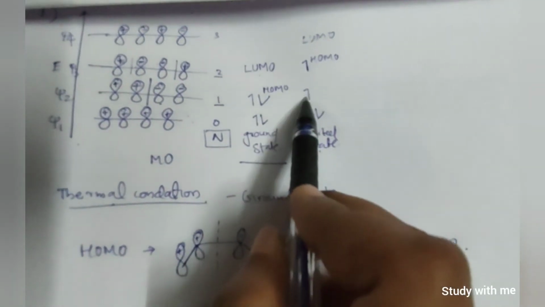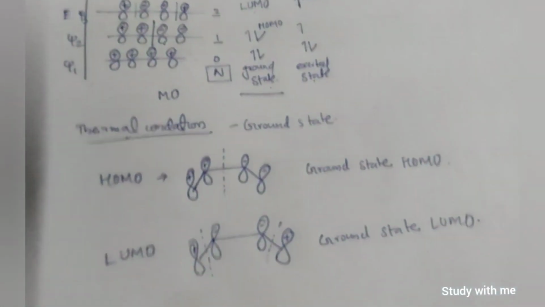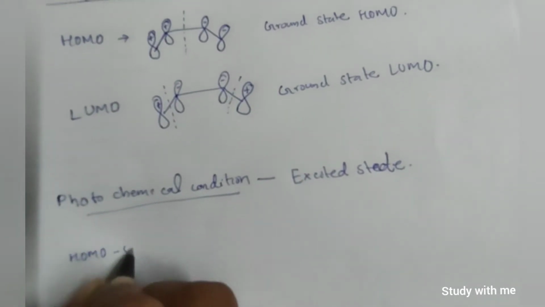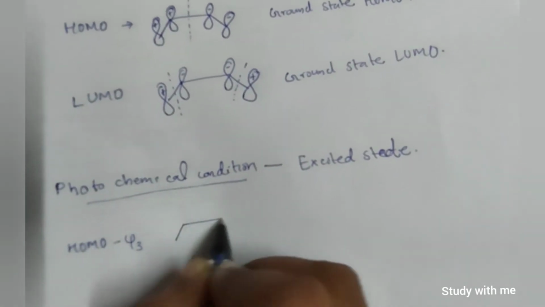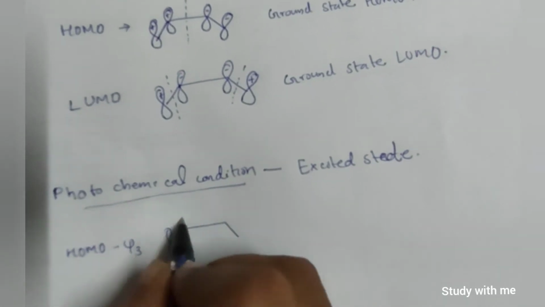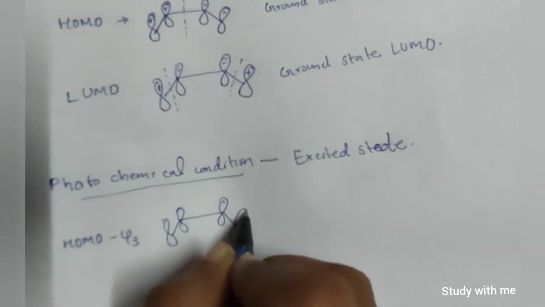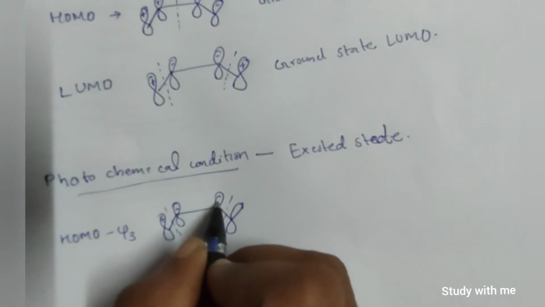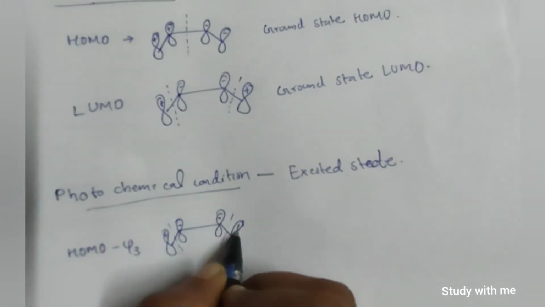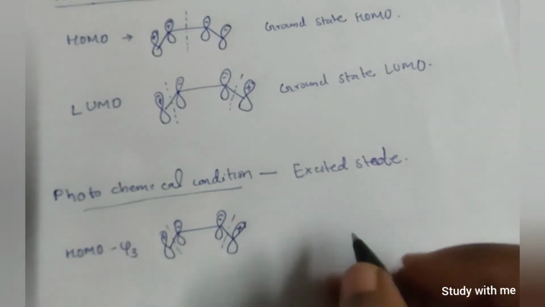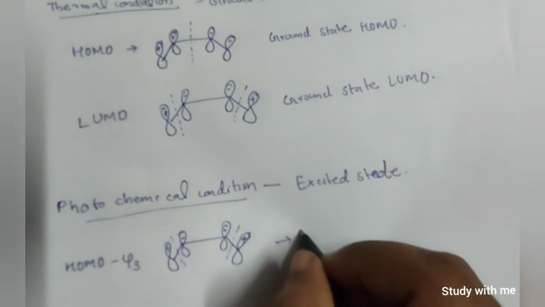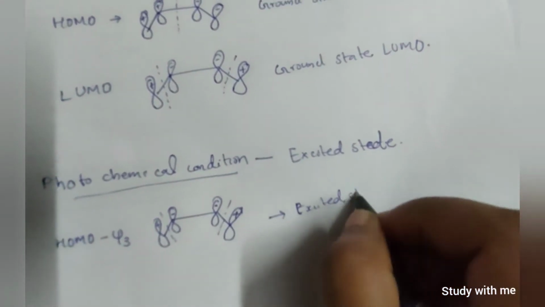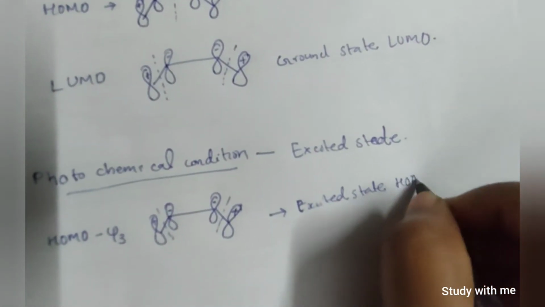This is psi 1, psi 2 and psi 3. So photochemically the HOMO will be psi 3. In psi 3 we have two nodes, isn't it? Plus, minus and minus, plus. This was psi 3. This is the excited state HOMO.